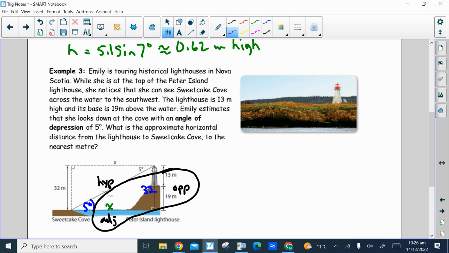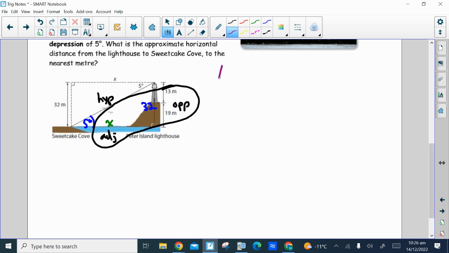So the tangent of the angle, which is 5 degrees, and the TOA part tells us that it's opposite first, adjacent second. Opposite on top, adjacent on the bottom. Make both sides a fraction, and when we cross multiply here, we do not have x by itself.